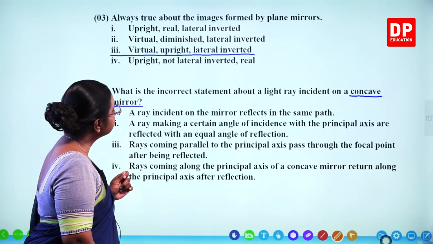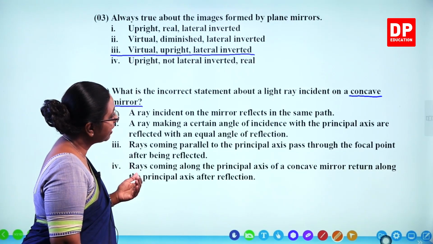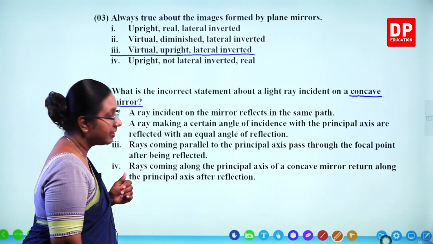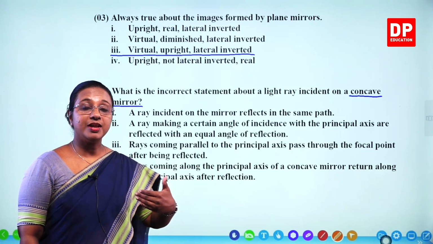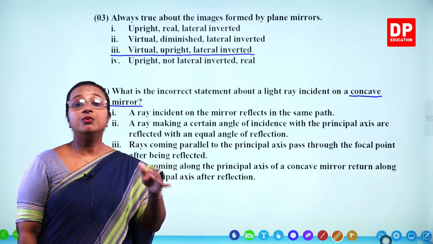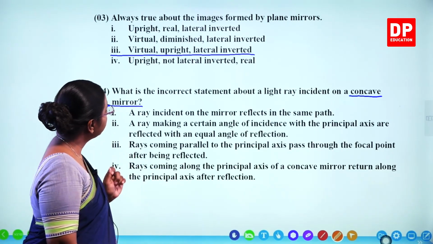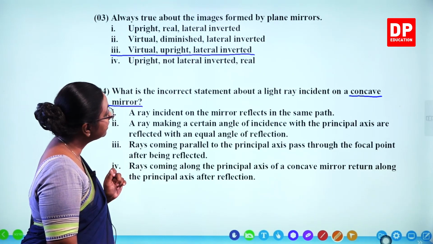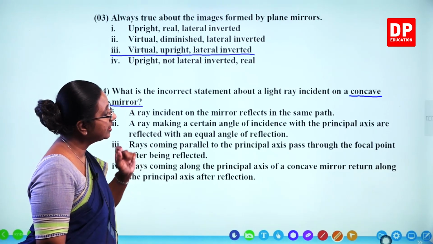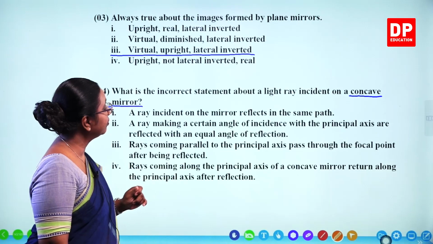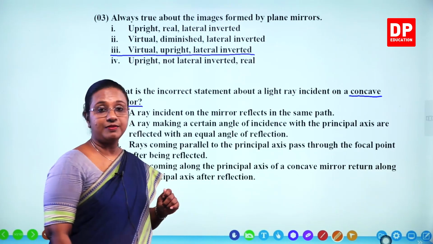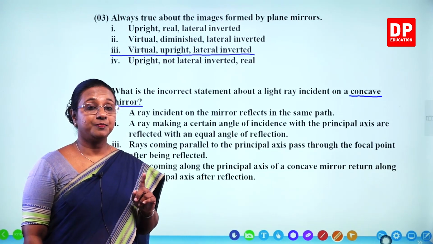A ray incident on the mirror reflects in the same path. Does that happen? No. Now, I said parallel rays converge through the focal point. A ray making a certain angle of incidence with the principal axis is reflected with an equal angle of reflection. That is correct.